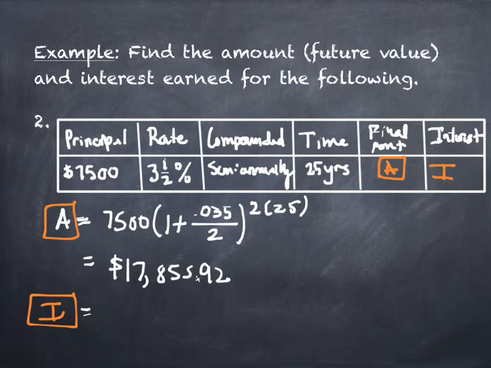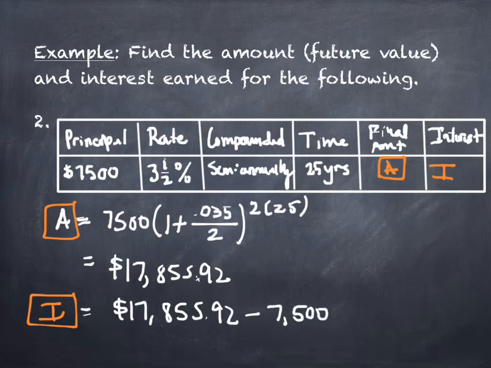So we take the amount, 17,855.92, and subtract off the original principal investment, which was 7,500. If we simplify this, we end up getting $10,355.92. So we have our original $7,500 and we have an additional almost $10,400 in interest.